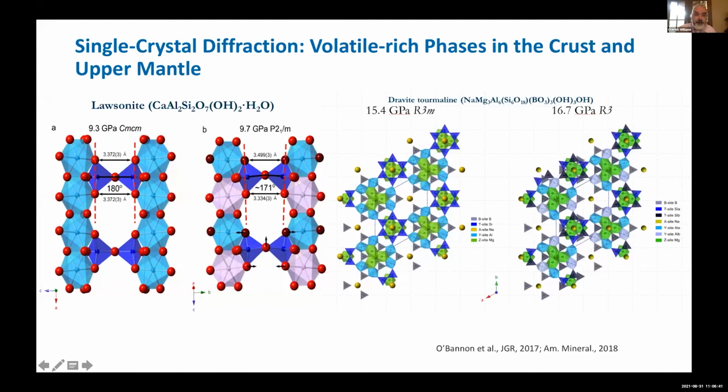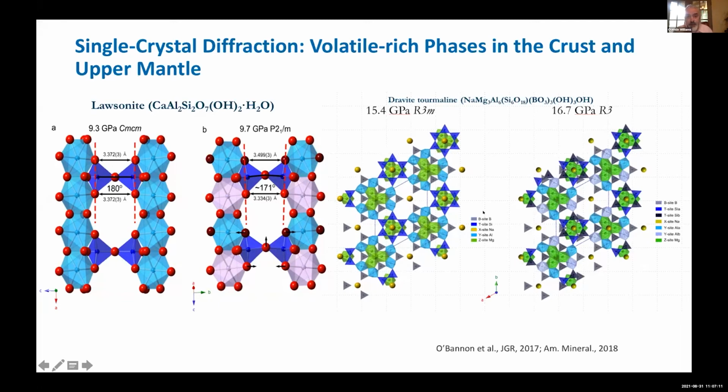And again, these are relatively nuanced phase transitions, which may be important for the stabilities of these minerals, but ultimately would be impossible to detect without single crystal diffraction. So for example, the change between 9.3 and 9.7 GPa is actually a flexing of the Si2O7 group in this particular instance, and a shift in basically the octahedral sites becoming crystallographically distinct from one another.